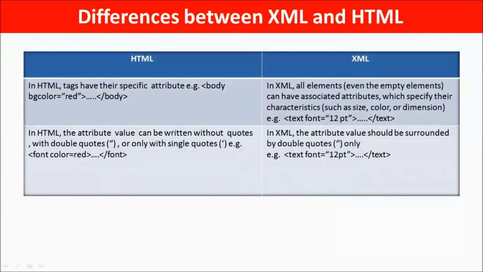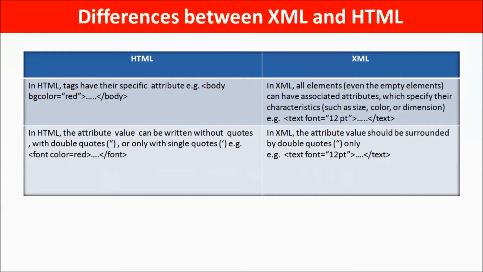Next point, in HTML, tags have their specific attributes, for example, body with a color. In XML, all elements, even the empty elements, can have associated attributes which specify their characteristics, such as size, color, dimension. For example, text font size 12 point.